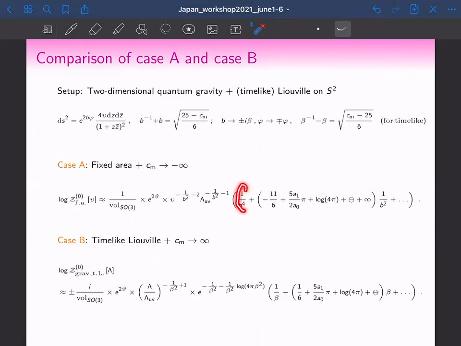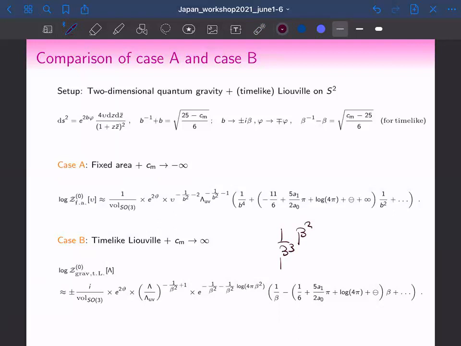So here we had this 1 over b to the power of 4, and here it goes as 1 over beta. And here we only had these odd terms, whereas here we have even terms. And the contribution of this 1 over beta over here is also coming from the Faddeev-Popov. It's a 1 over beta to the power of 3 from the Faddeev-Popov. But then the saddle here will give us another beta squared. That's what's going to make this a 1 over beta.